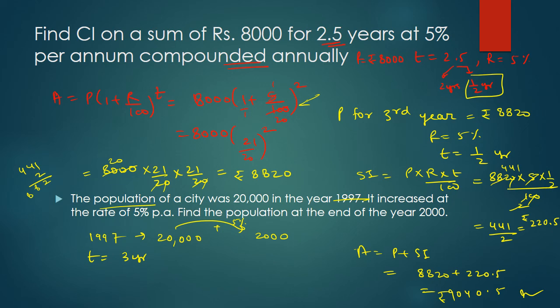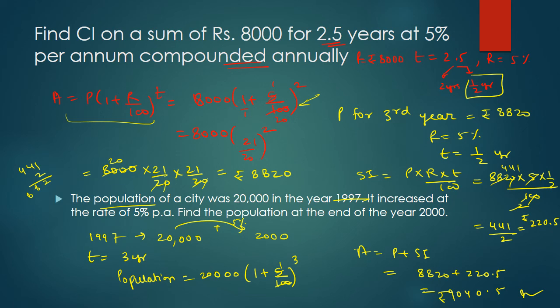Again apply this sort of formula, but now the current population will become the original one, that is 20,000 into (1 plus R by 100) raised to power T, plus because it is increasing, otherwise minus.